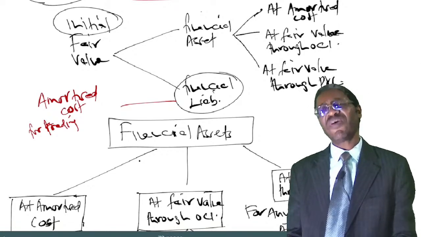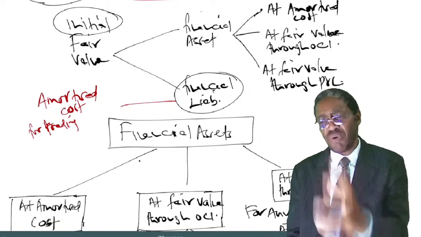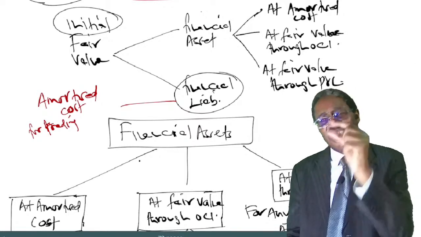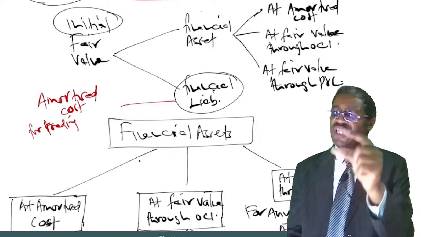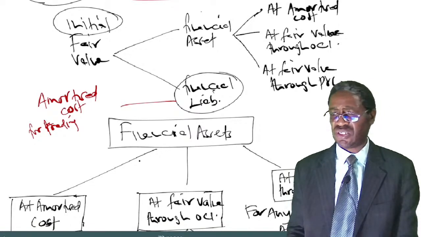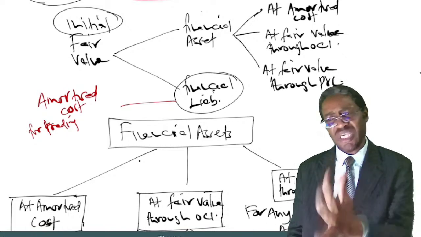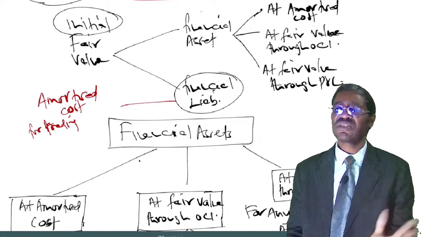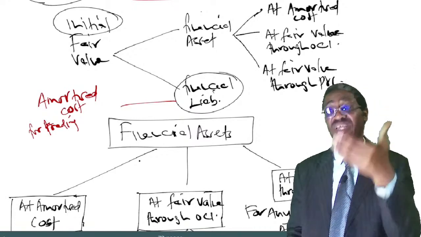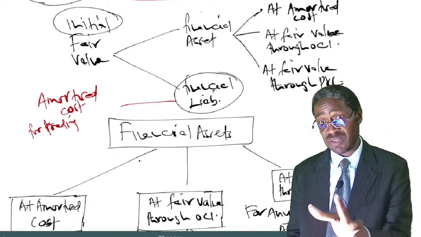Mostly, whenever a company issues bonds or debentures, they are issuing them to finance their business. So the company issued the bonds through the stock market to finance their business.